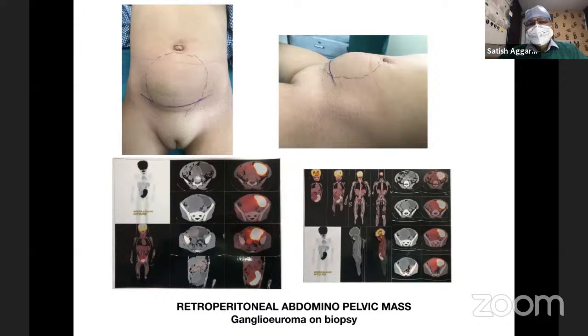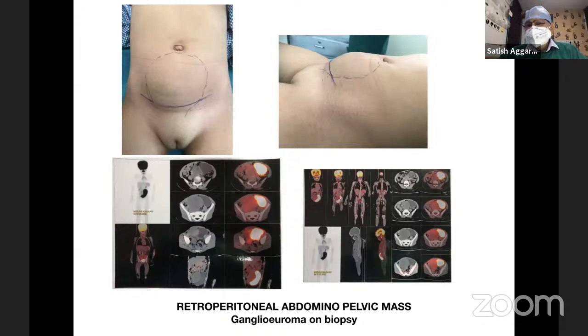So when you are unable to feel the lower end of the mass, then it is arising from the pelvis. Now, when a mass is arising from the pelvis in a female child, you start thinking of ovarian masses. You start thinking of sacral masses coming off from the anterior sacral wall, and you start thinking of masses coming from adnexal structures.